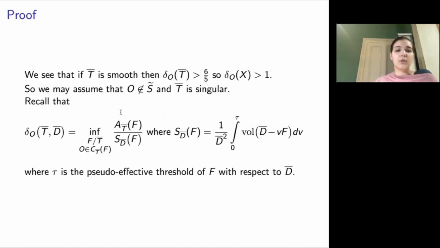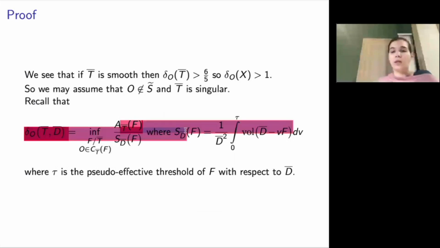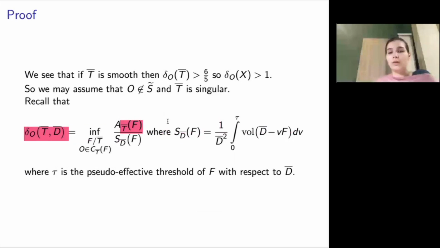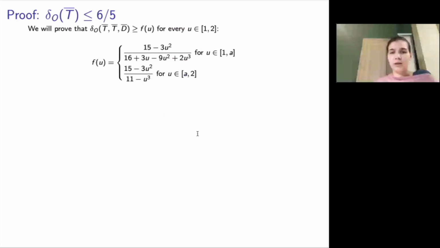Similar as before, we define a local delta invariant for this point. Then we compute the log discrepancy for any divisor f over this Du Val del Pezzo surface, and the S invariant.